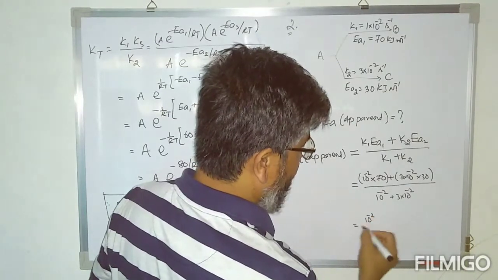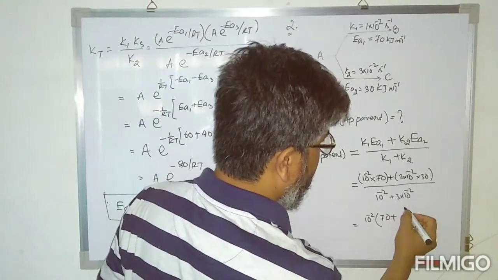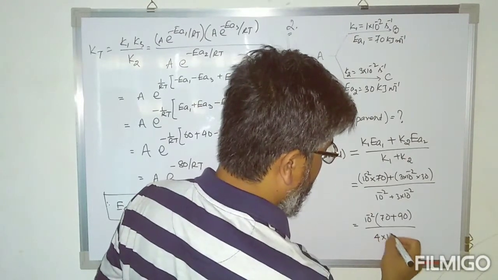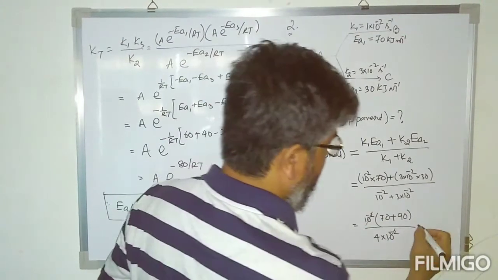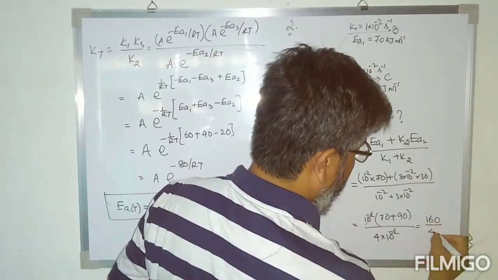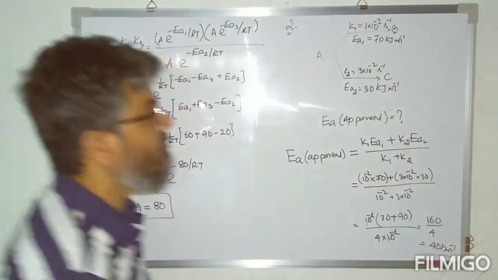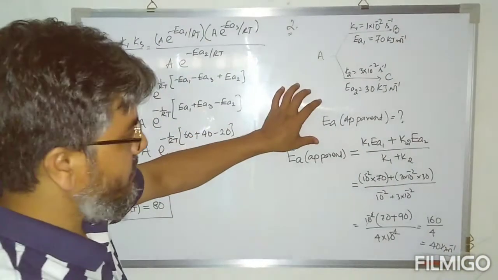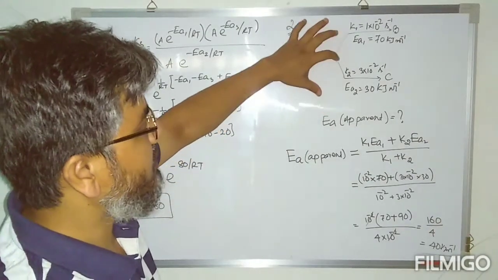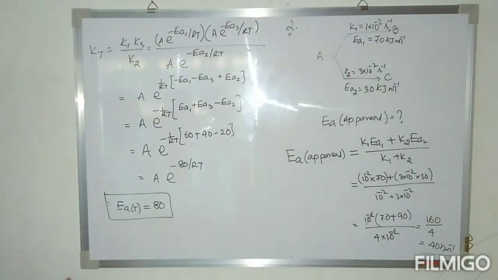Taking 10 to the power minus 2 common, 70 plus 90 divided by 4 into 10 to the power minus 2. So this cancels out, and this is 160 divided by 4, so 40 kilojoule per mole. This is how we define the apparent activation energy of a parallel reaction, in which the activation energies of the corresponding steps and their rate constants are given. This is the second question.